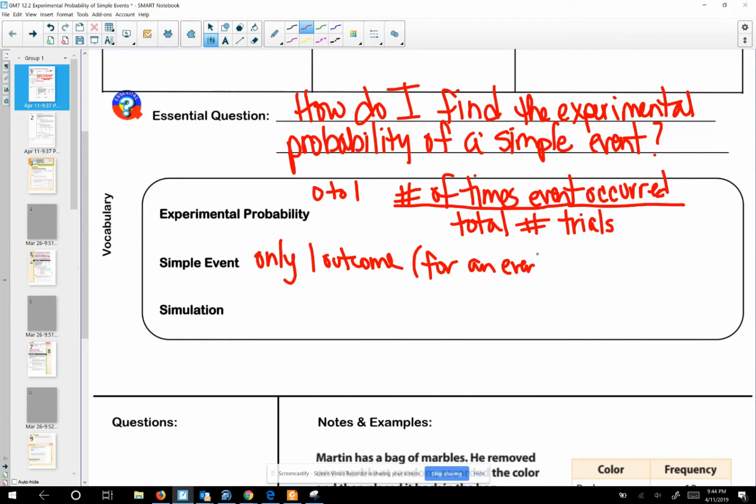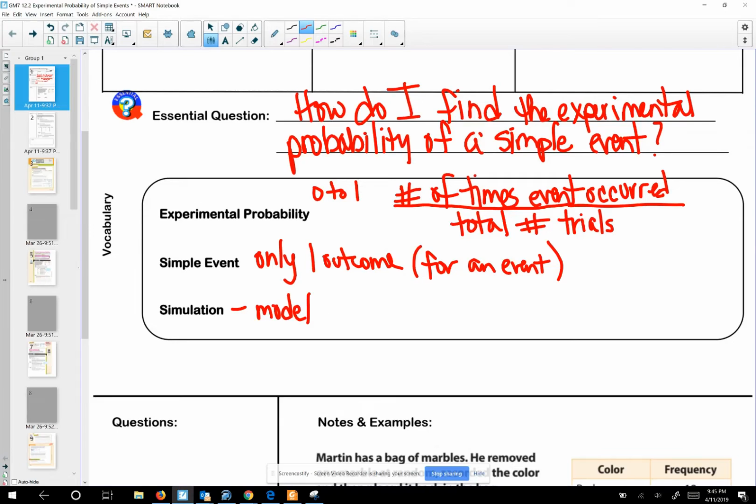And last but not least, simulation. So here's what happens. Sometimes we have an event that's really difficult to actually do the experiment. And so sometimes what we have to do is substitute a simulation. So this is some sort of model, some sort of experiment that we're going to use that is going to model this difficult one.